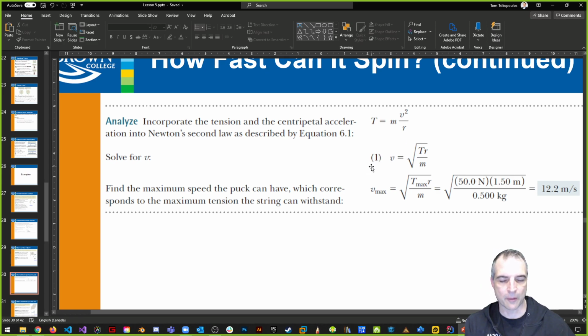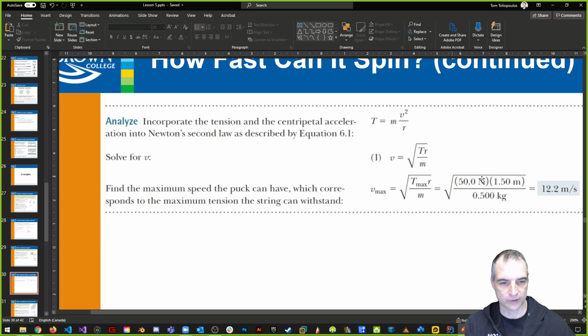Now what about the maximum tension, the maximum speed based on some information we have, right? If this is our general equation for speed, then V max is we want to get the maximum amount of tension. So we say that if our maximum amount of tension is 50 newtons, which is what we've been given, we multiply it by the radius, 1.5 meters, divide it by the mass, right?